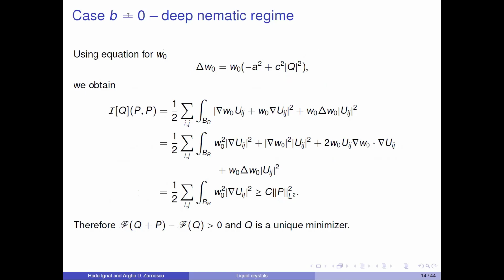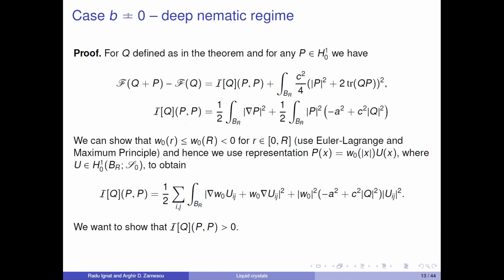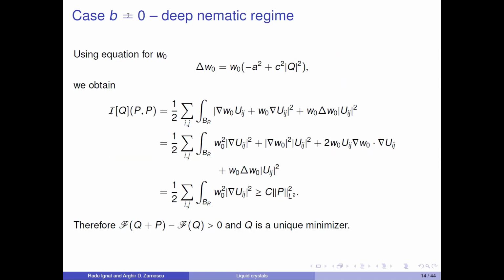This is in some sense the most obvious form, because this is minus a squared plus c squared. The norm of q squared is precisely that term that was mysterious here. But this term appears here in the right hand side of the equation. So if I multiply by this general perturbation u, this gives me a way of relating such a thing with gradients.